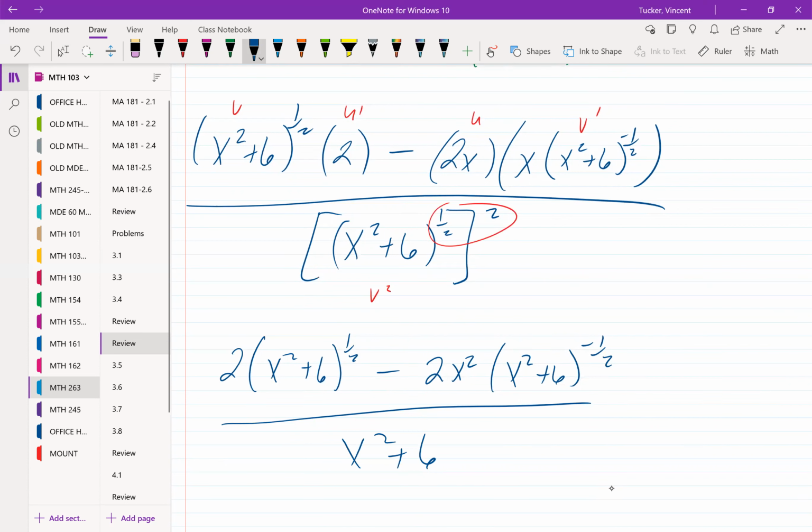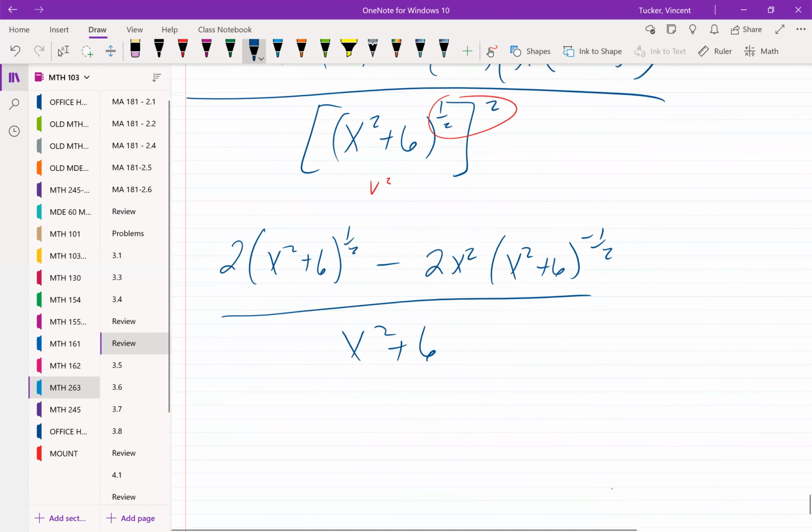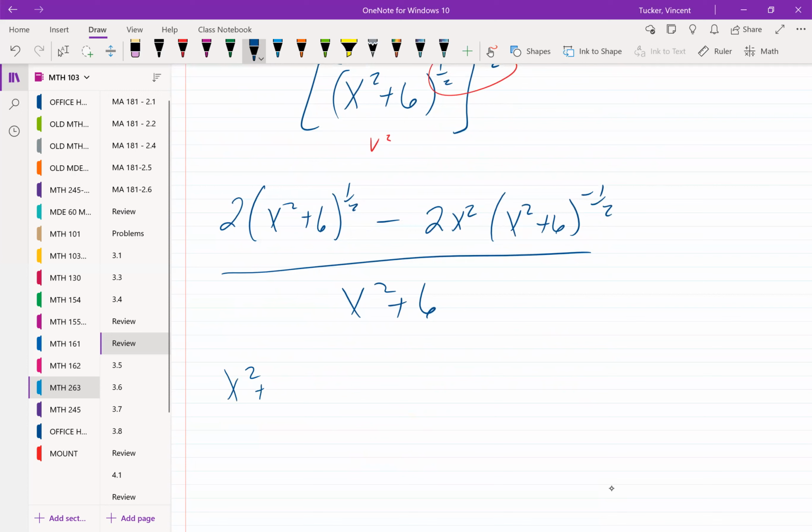All right, so we want to simplify this. If I were to multiply top and bottom, or factor out (x squared plus 6) to the negative 1/2... How about I do this?